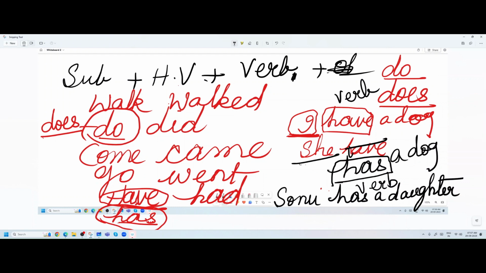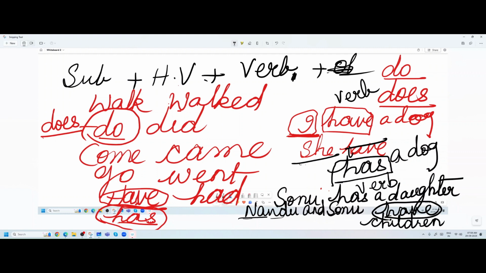Sonu have a daughter, I cannot say. And Nandu and Sonu have children. Now it is plural, so I'll convert it. Nandu and Sonu have children. Clear? So I've converted. The moment it becomes a plural, it changes to have.